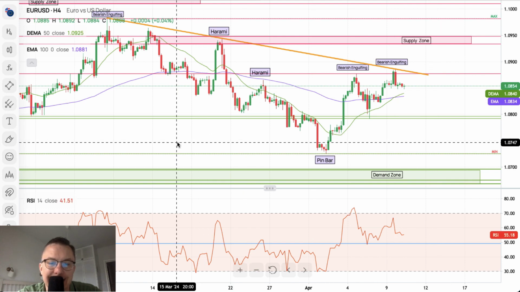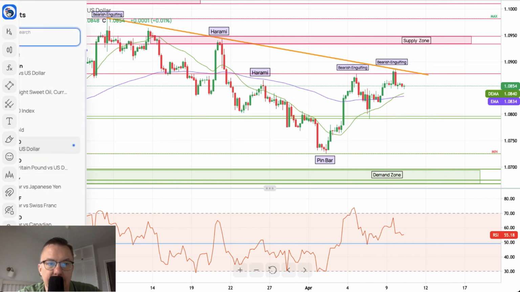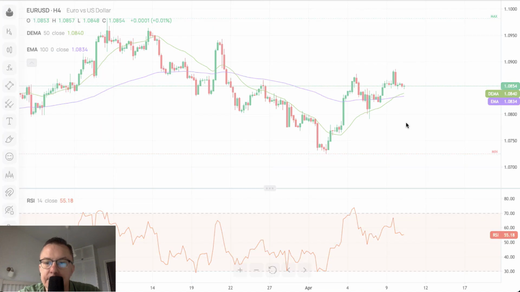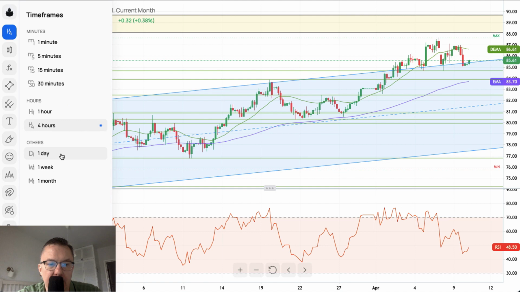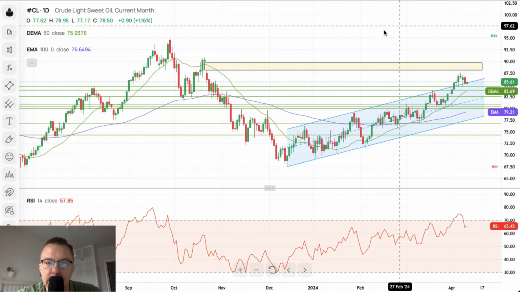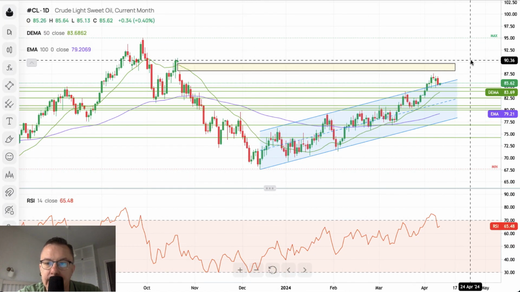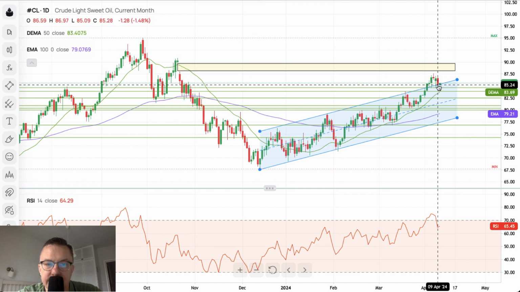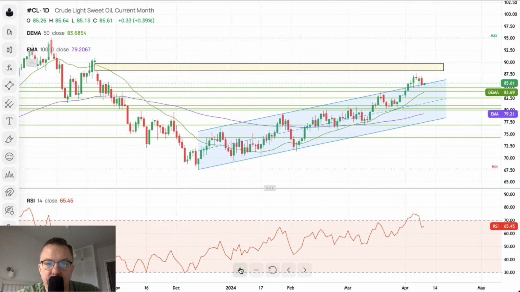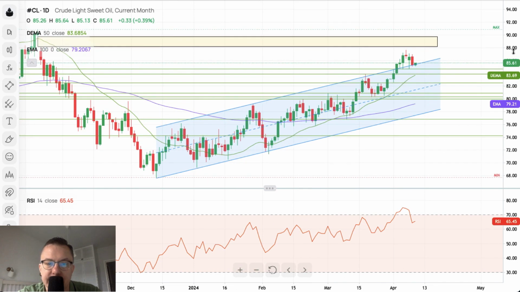We got some data for the oil, so let's take a look at the oil as well. And remember, yesterday we spoke about the oil going to cover this gap here, and it looks like we got some sort of the reversal, some sort of the pullback so far, but this gap is still active.